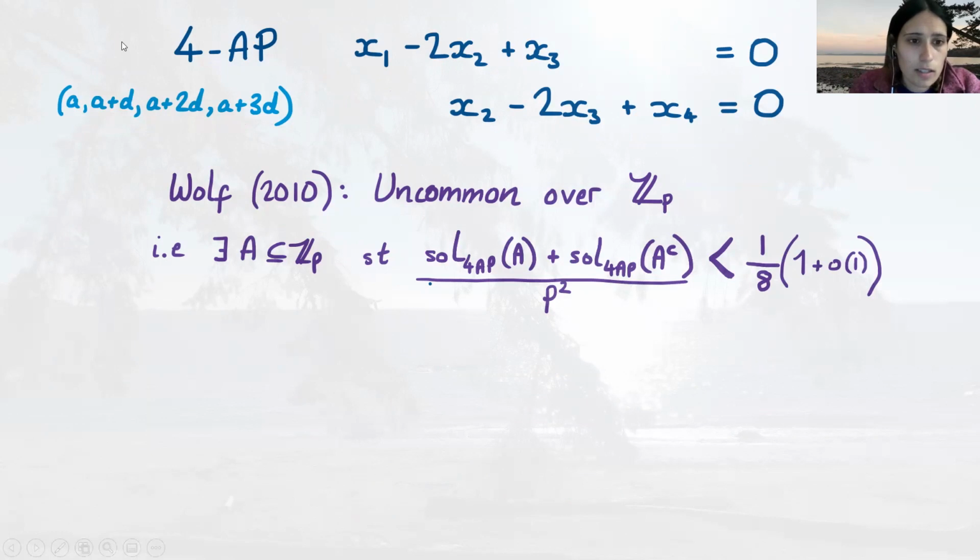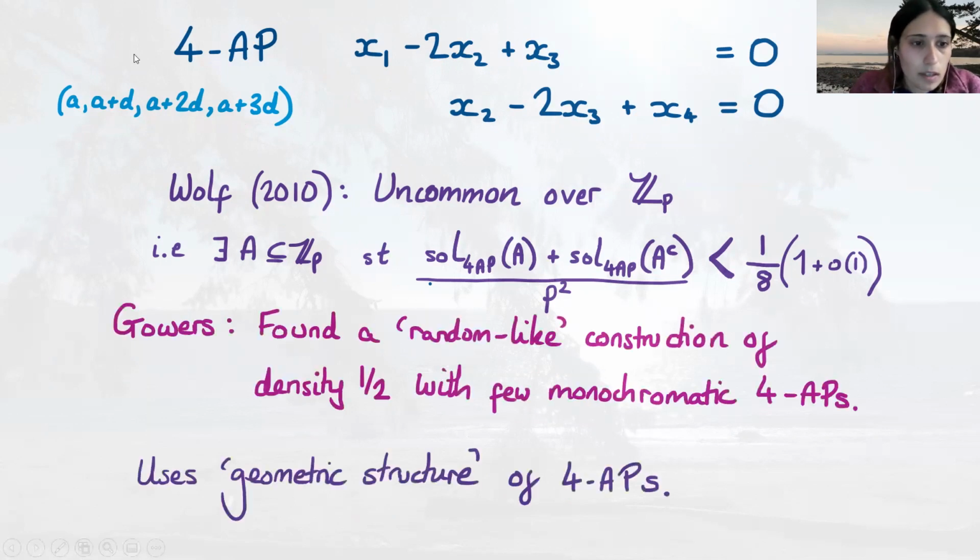She constructed a set such that the density of the monochromatic arithmetic progressions in this set is very small. Tim Gowers found a random-like construction of density 1/2, which had few monochromatic 4-term arithmetic progressions. When I say random-like, I mean that the Fourier coefficients of the characteristic function of this set are small.